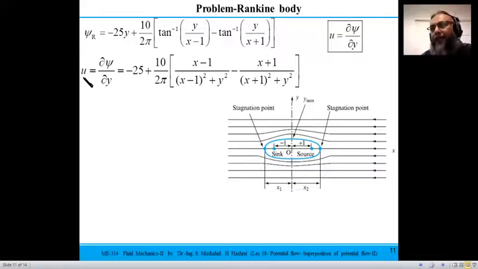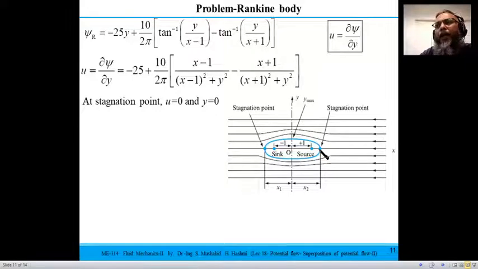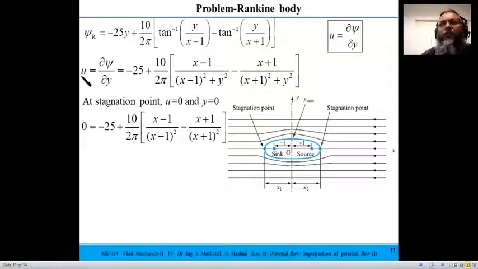As you see in this diagram, at the stagnation point here, obviously y is 0, and the horizontal component would be 0 at the stagnation point, because there is no resultant speed there. So I substitute u as 0 and y as 0, and then it is only x there.